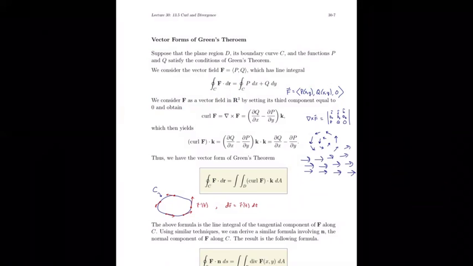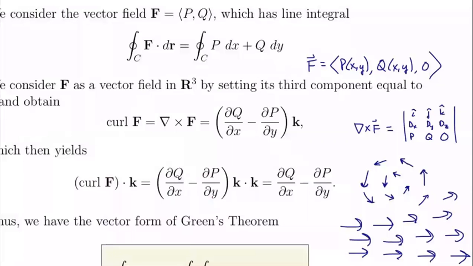So if we now take the curl of F, note that that's del cross F, and we have this matrix determinant off to the right here that we could calculate. We can see where some of the zeros might come about immediately. It's because our third component in our vector field is 0.